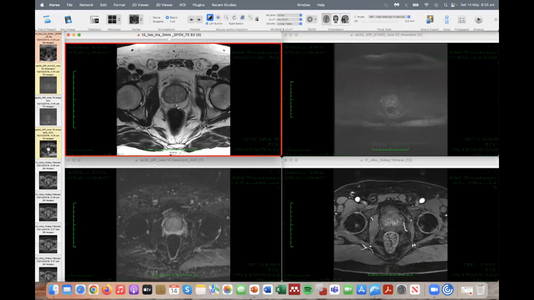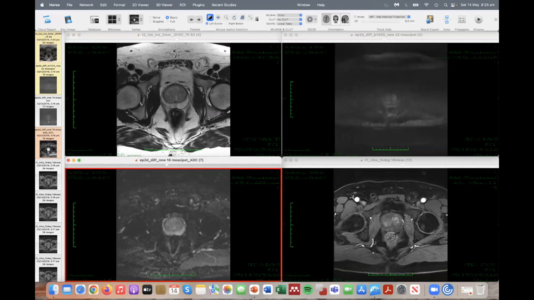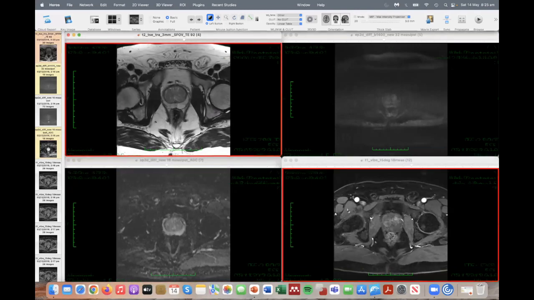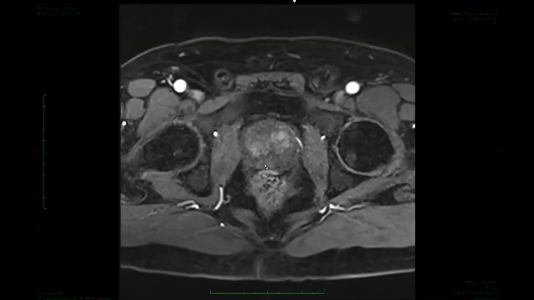So we know that the dominant sequence for the PZ is the diffusion-weighted imaging. So if we have a closer look at the high B value sequence, we can see that there is nothing flashing here on the high B value sequence, but actually there is something showing hypointensity on the ADC map. And if we have a look at the contrast, we can see that there is some enhancement here.